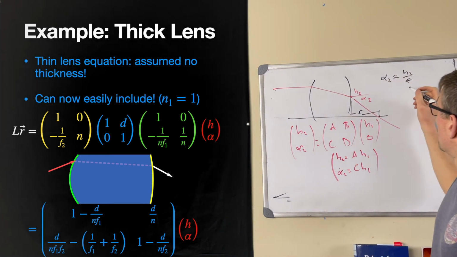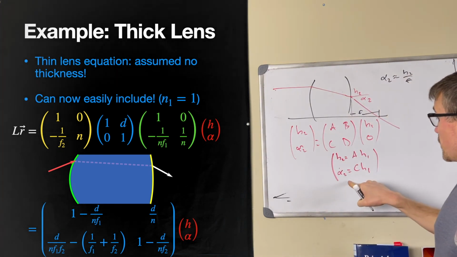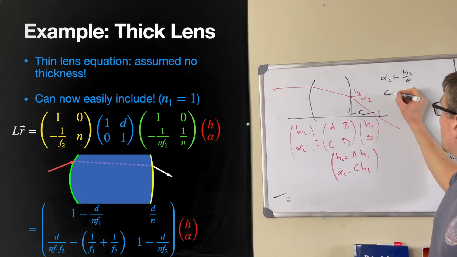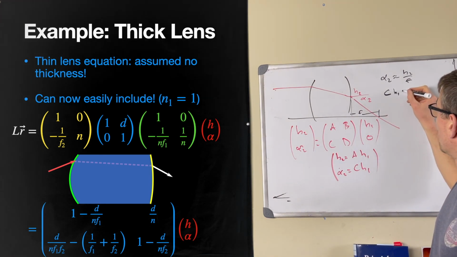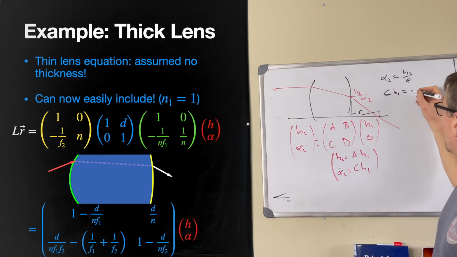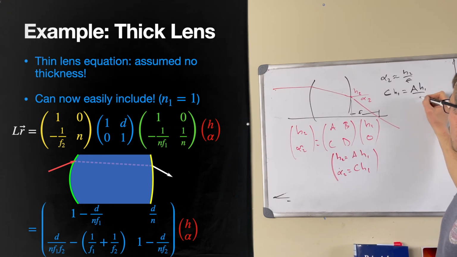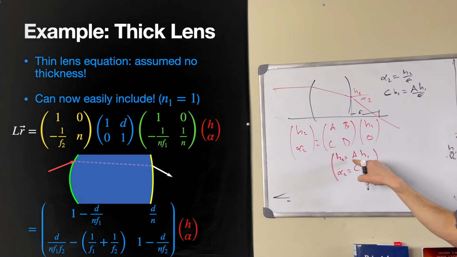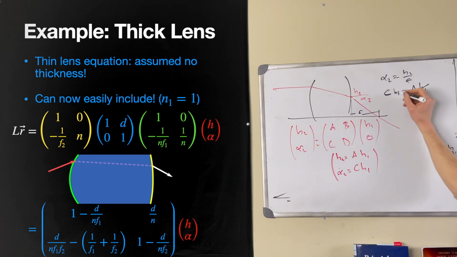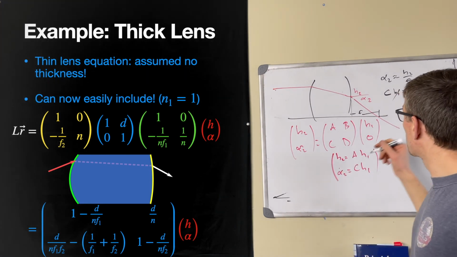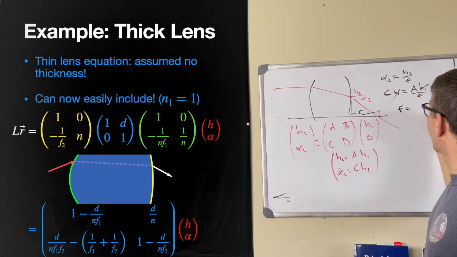So plugging these numbers in here, C times h1 is equal to A times h1 over f. That's what h2 is. These h1s cancel, it's independent of h1, and we get a new focal length, which is merely A over C here.